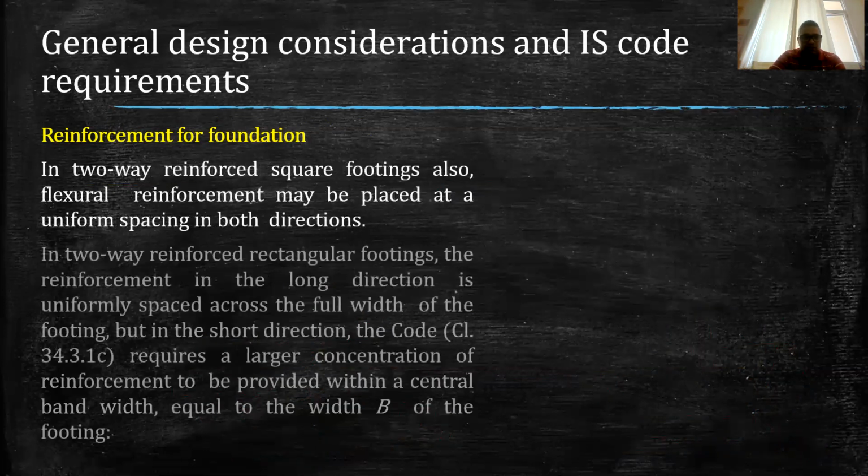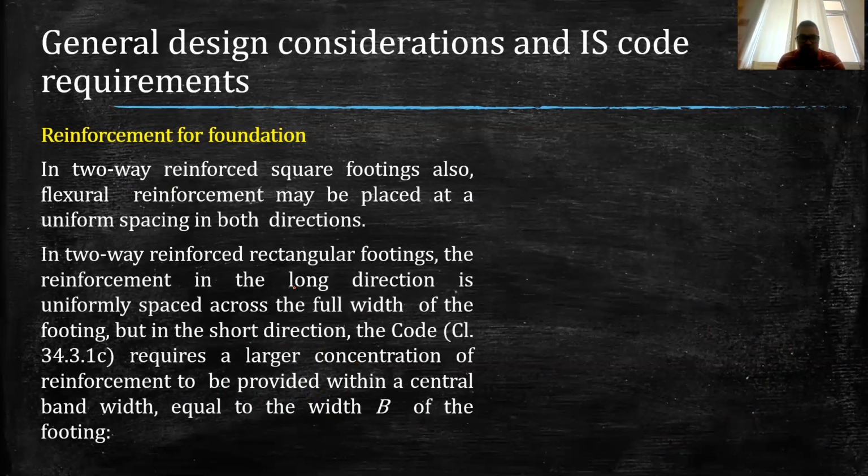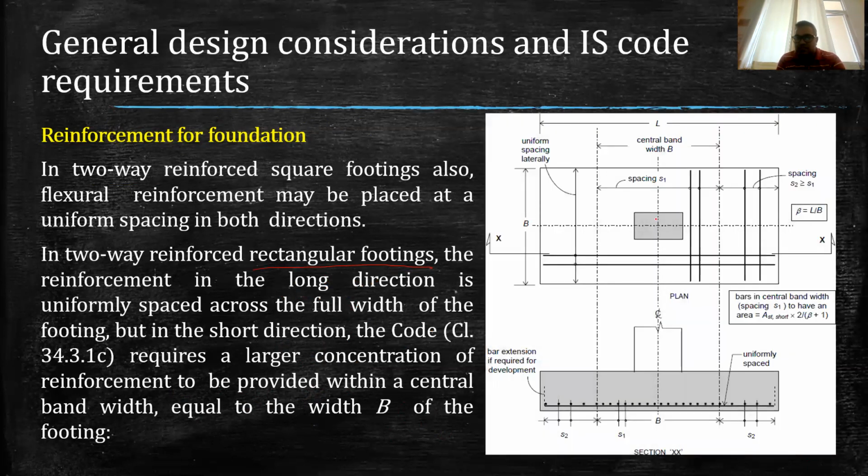Now, in case of a two-way rectangular footing, for reinforcement along the longer span and shorter span, we have to distribute reinforcement such that it has a central band, like in this case. You can see this is a rectangular footing, and in it we choose a central band, which means this section.